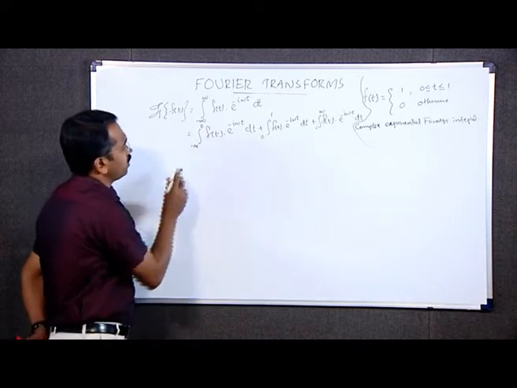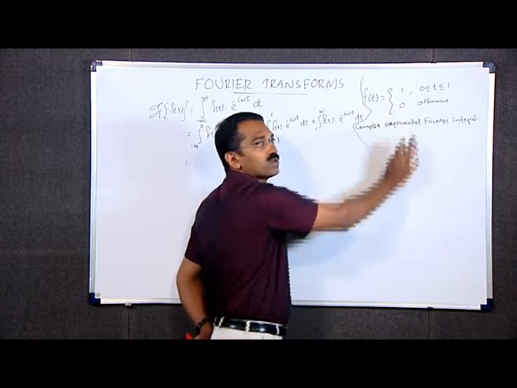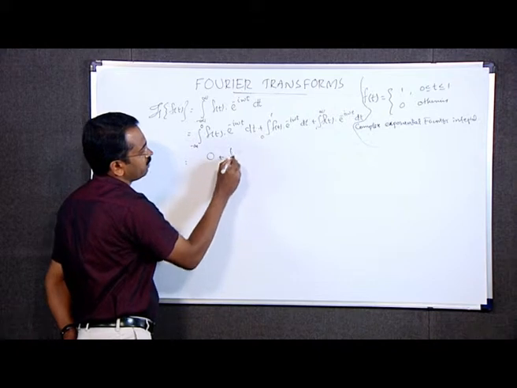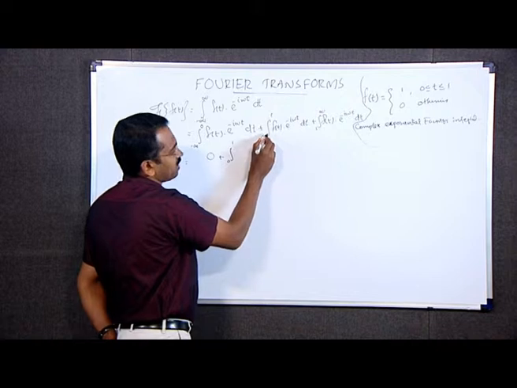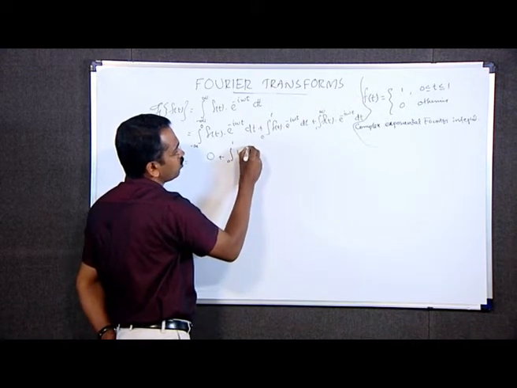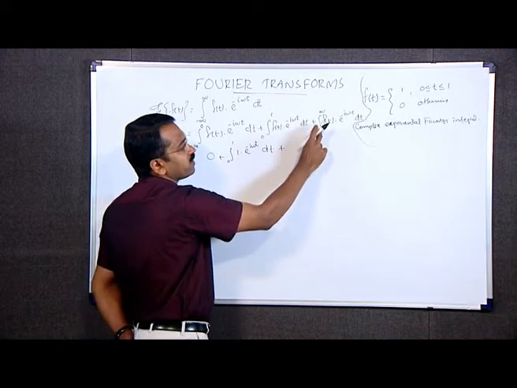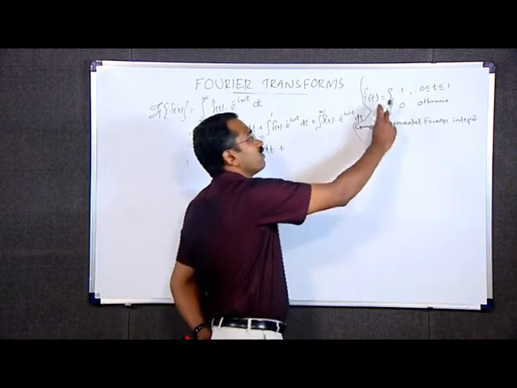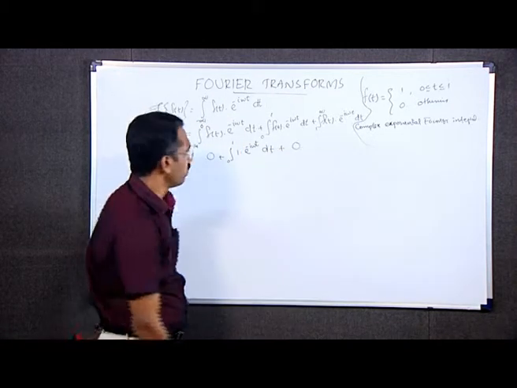Which is equal to, in this case the function is given by 0, therefore the first term will become 0, plus integral from 0 to 1. In the second case the function is defined as 1 into e raised to minus I omega t dt, plus, in this case t is from 1 to infinity, the function is defined as 0, therefore the third integral will become 0.